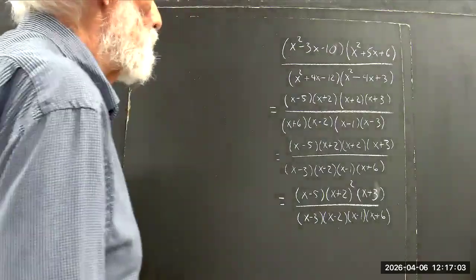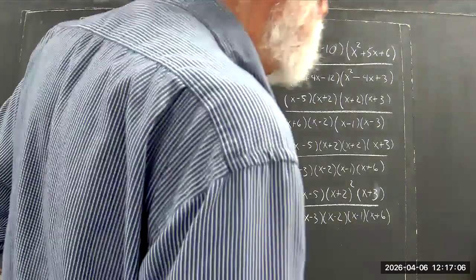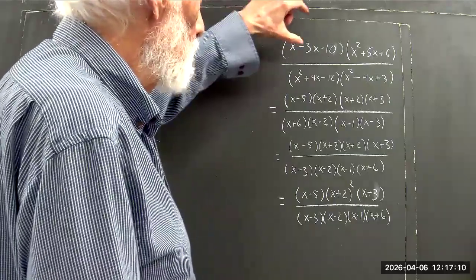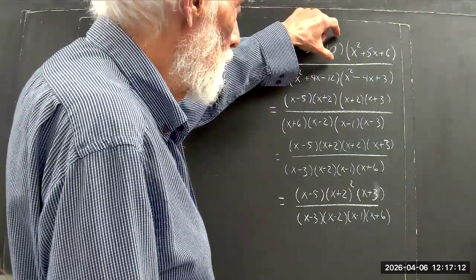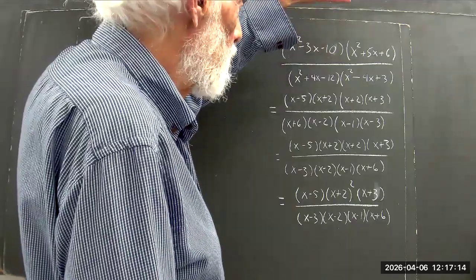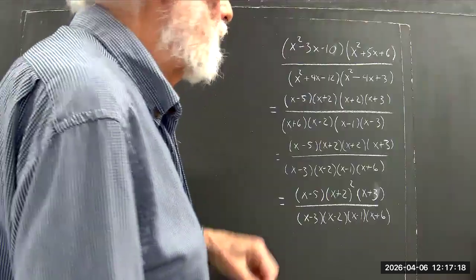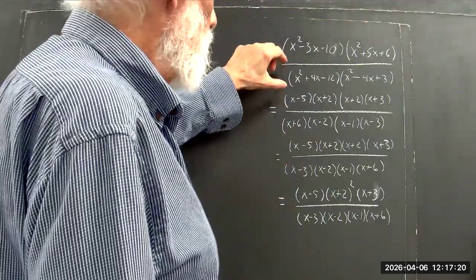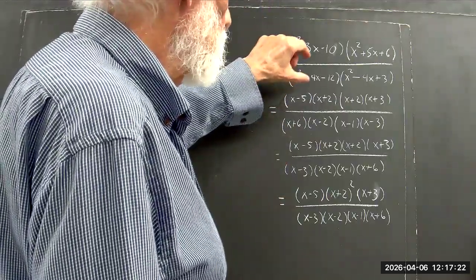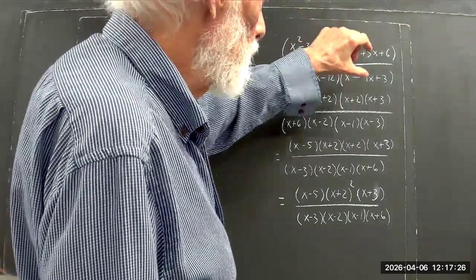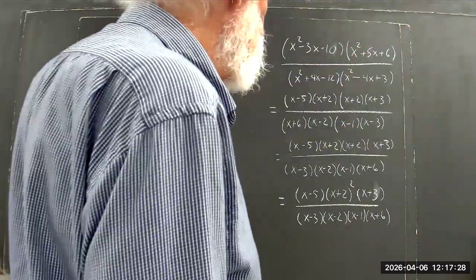Now, in case I didn't read everything out when I started, the original expression had numerator quantity x squared minus 3x minus 10 multiplied by the quantity x squared plus 5x plus 6. The denominator had the factor x squared plus 4x minus 12 multiplied by the factor x squared minus 4x plus 3.